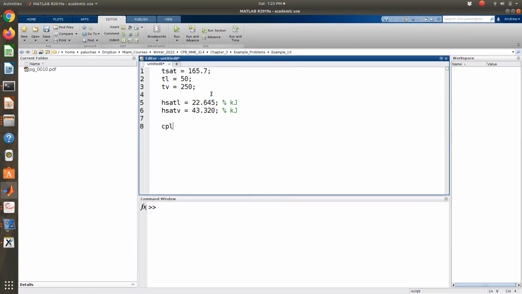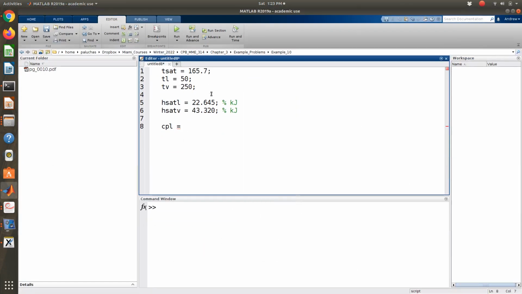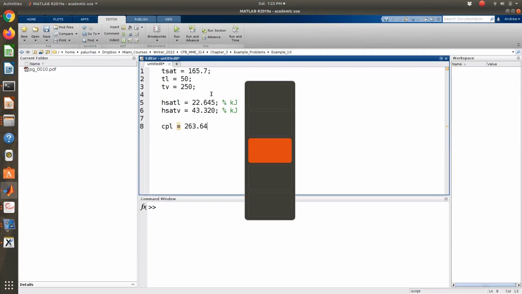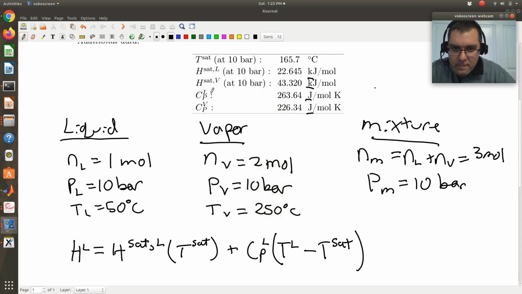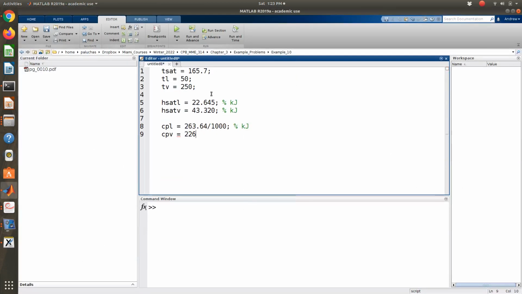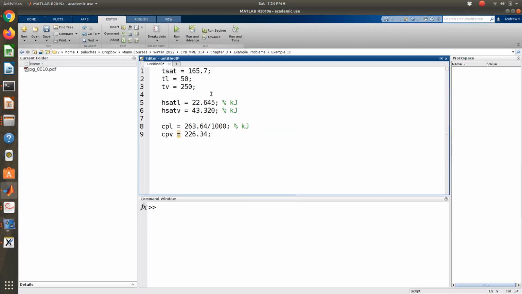Heat capacities, so CPL is 263.64, and I'm going to divide that by 1,000 so that I've got energy units of kilojoules. CP of my vapor, 226.34, and I'm going to divide by 1,000, so I can make note that my energy unit here is kilojoules as well.